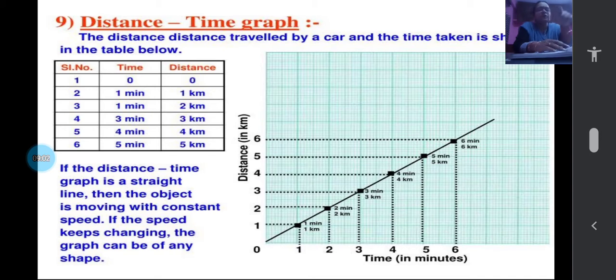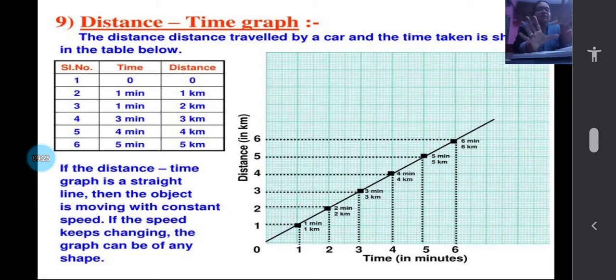By mistake it is given as 1 minute only in the tabular column, children, but it is 2 minutes, again 2 kilometers, 3 minutes, 3 kilometers, 4 minutes, 4 kilometers, 5 minutes, 5 kilometers, 6 minutes, 6 kilometers. You keep on plotting that. Then you have to join the dots, and you will get a straight line.